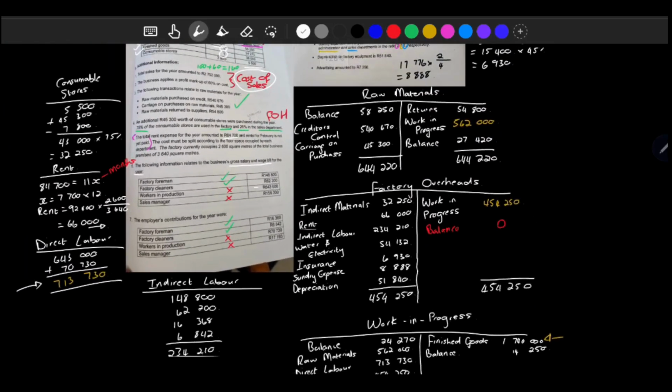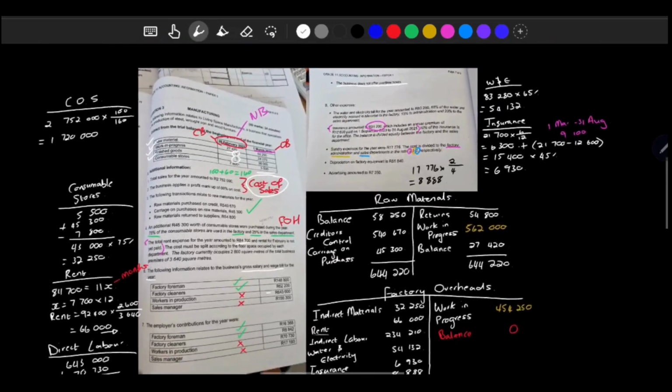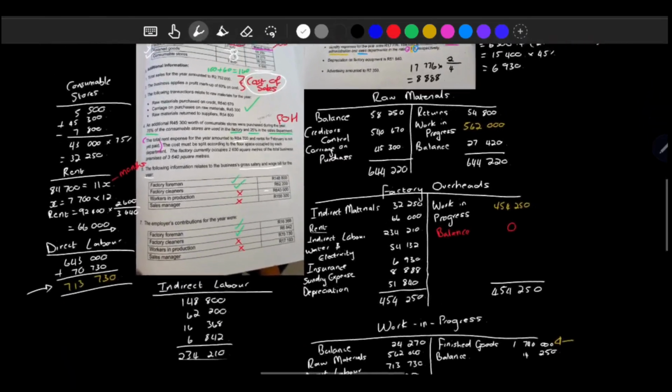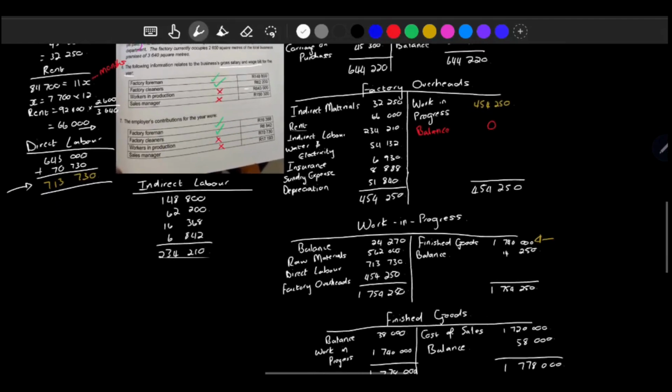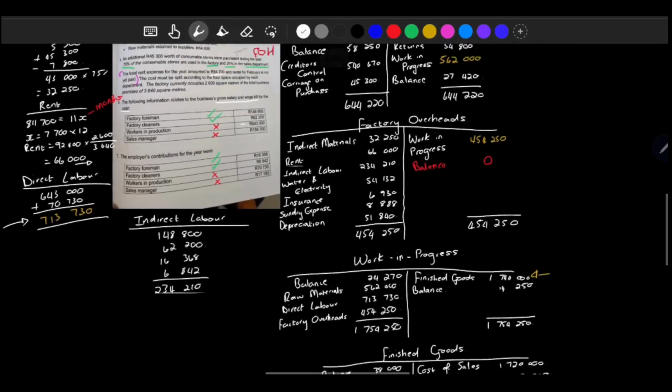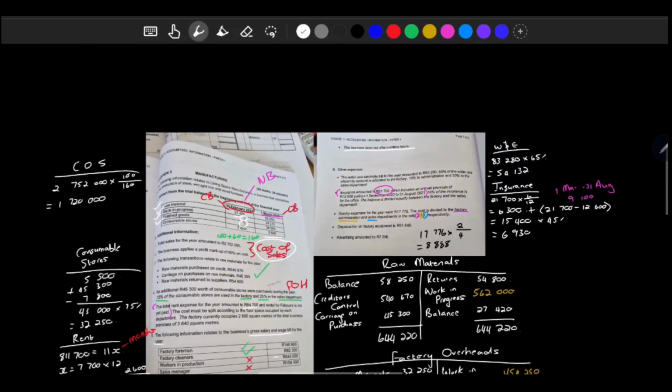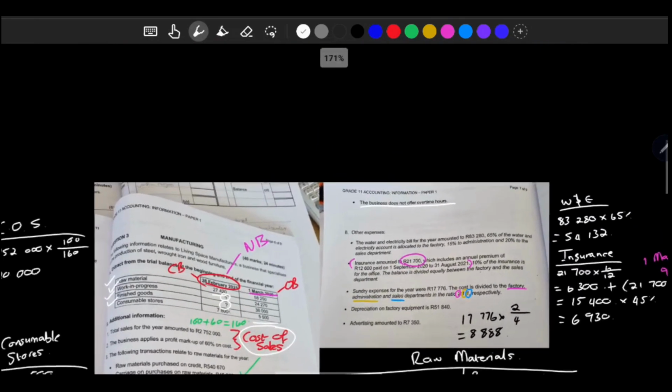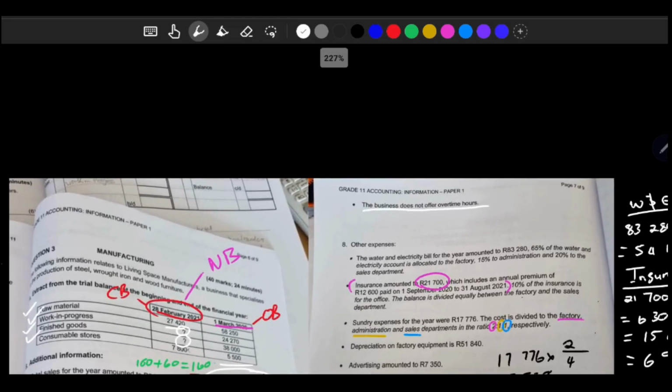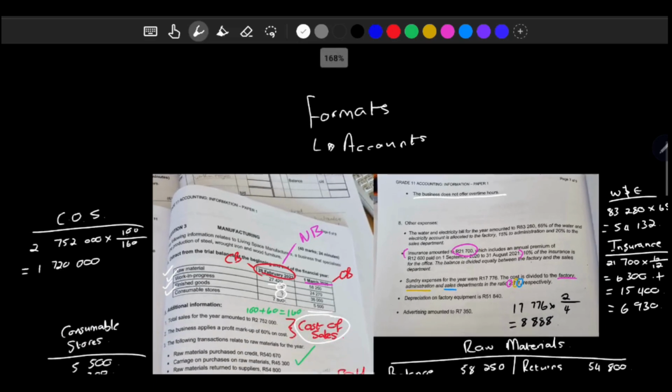The main thing that I want you to note, hopefully you're able to go through this, mark yourself, note what you did wrong, note what you did right, but the main thing that you should always know when it comes to this question specifically, manufacturing, and all other questions that have to do with accounting, is to understand your formats, understand what your accounts look like, right, and how they work.